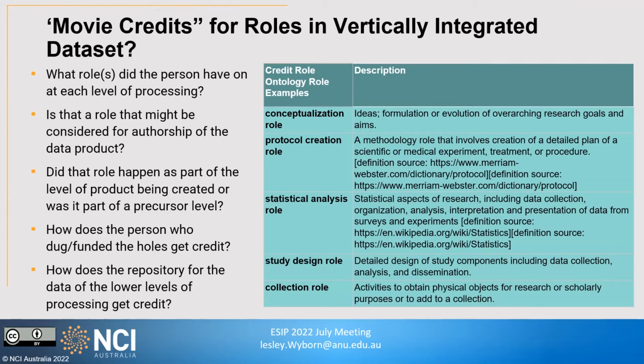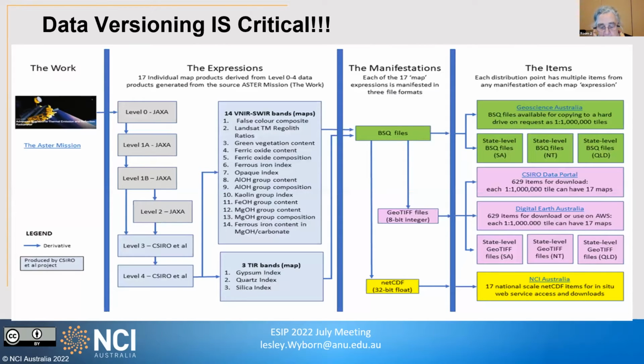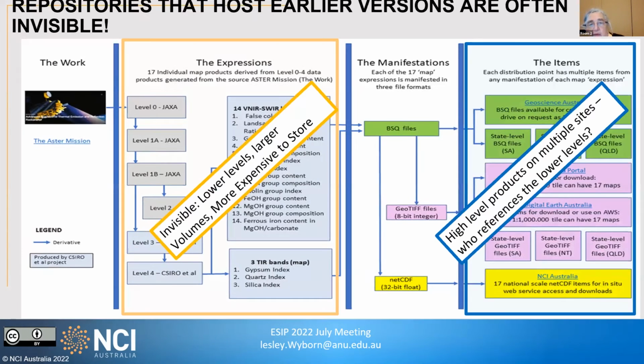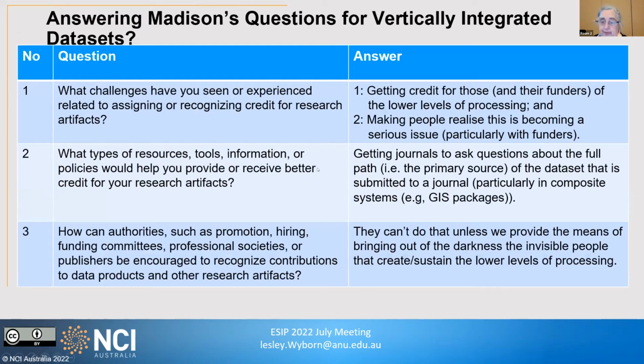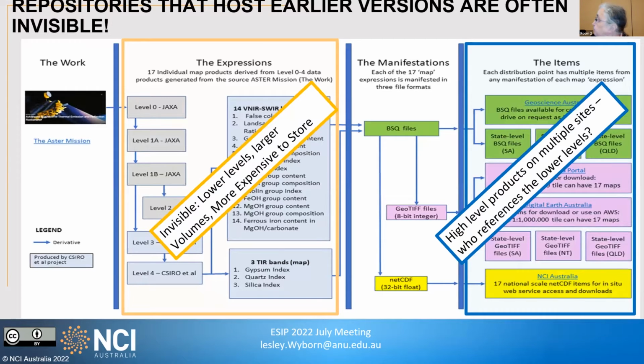But there's a bit of a problem that's emerging. Going back to this diagram, we're calling it the invisible repository syndrome, because over here on the right is where the products are. And that's what's cited in the literature.